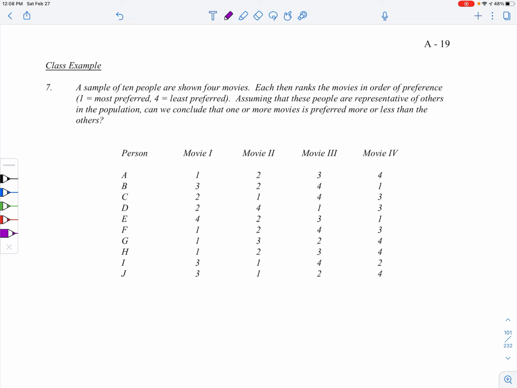So 4 movies were given, and the question said, what's the order of preference? So what's your favorite movie of these 4? Give it a 1. And your second most is a 2, third is a 3, and a fourth is the least preferred of these. So that's how the thing would be set up.